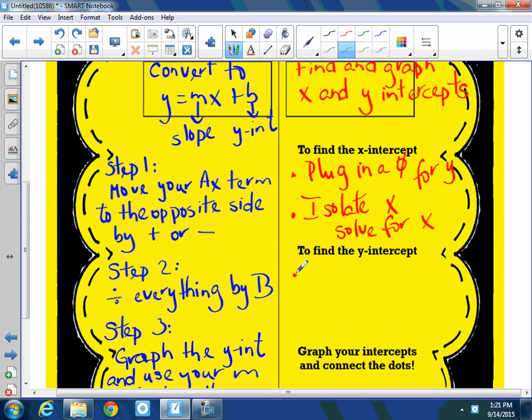On your y-intercept, you're going to plug in a 0 for x, and then solve for it. After that, you're going to graph your intercepts and connect the dots. I'm going to give you an example of what I mean.